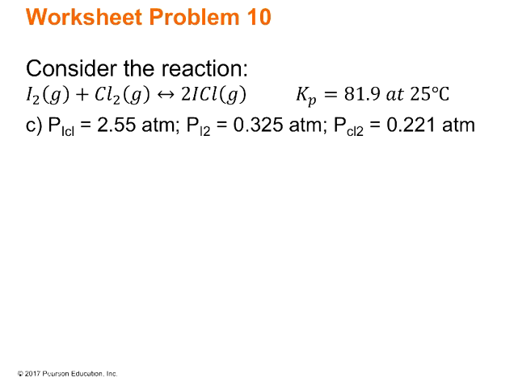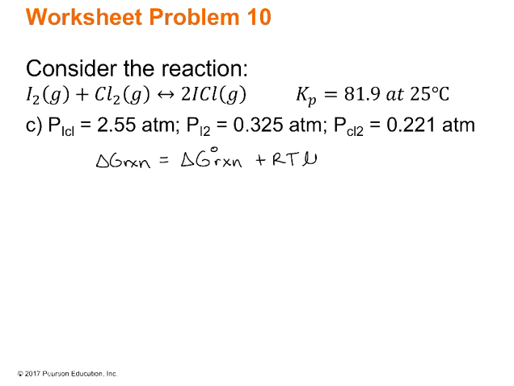All right, so now what about under these conditions where the partial pressure of iodine chloride is 2.55 atmospheres, the partial pressure of iodine is 0.325, and the partial pressure of chlorine is 0.221. All right, so if we want to calculate delta G of the reaction, we're going to need the calculated Gibbs free energy under standard conditions from earlier.